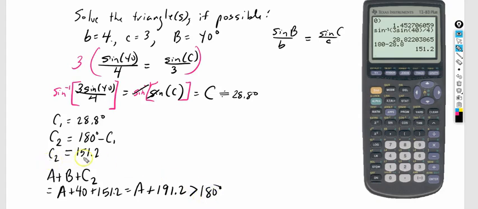And so this second possibility is not going to work because it'll be too big. The angle will be too big. So I only have one value for C, and so I'll only name it C1 and C2 if there were two of them. So this will only yield one triangle.